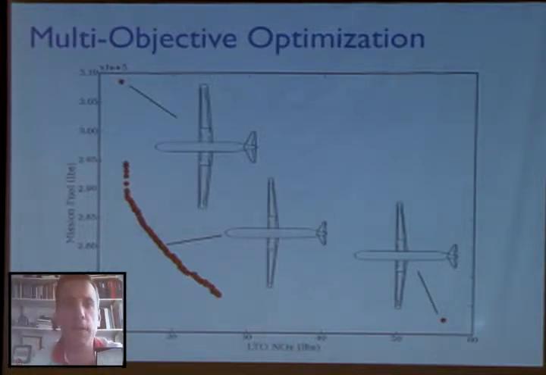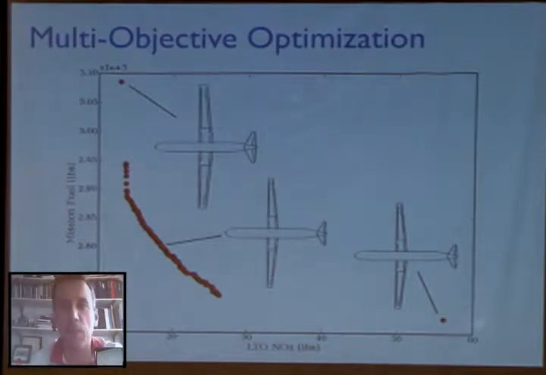Next slide. The other data that numerical optimization and MDO can give you is a multidisciplinary trade-off. So here you can see a trade-off between fuel burn and these NOx emissions, which are related to airport air quality. And you can see that if you disregard the fuel burn, you get that design on the upper left. So that is basically minimizing the NOx emissions with no regard to fuel burn.